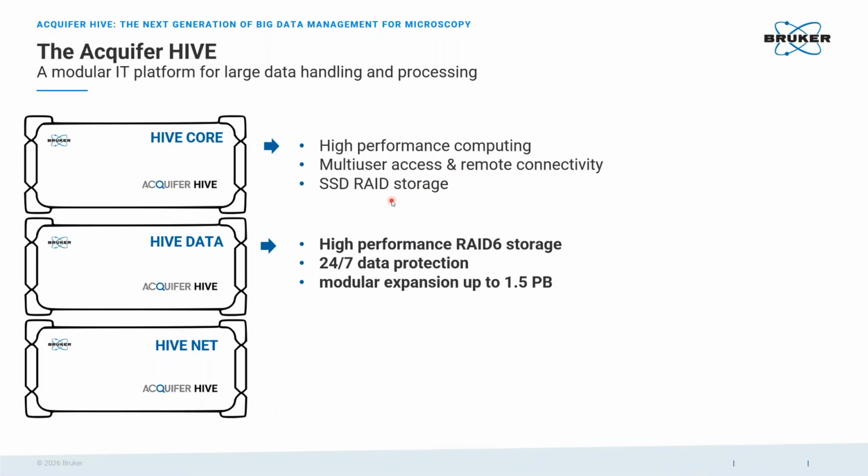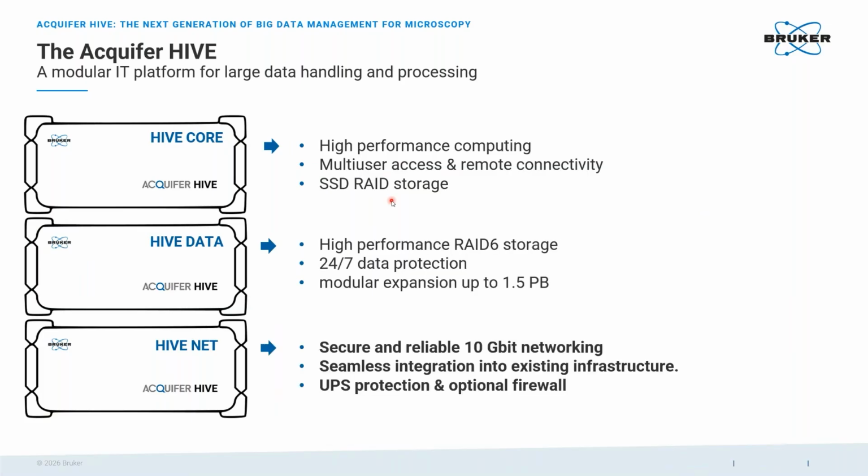And the last main module is a Hive net module, which is our networking module, providing a secure and reliable 10 gigabit networking, so you can plug all your devices, and if you wish, even your workstations and user PCs to the Hive net, so providing access to the data and the computing capacity of the Hive. It seamlessly integrates into existing infrastructure, so you don't have to change your infrastructure on site.